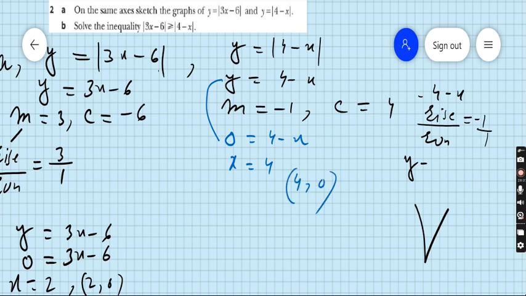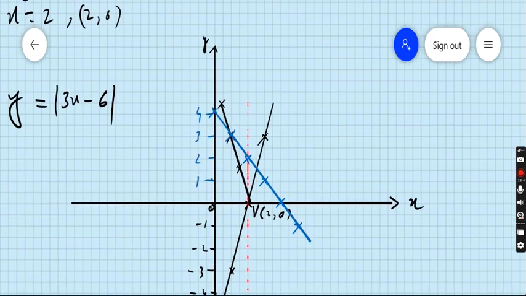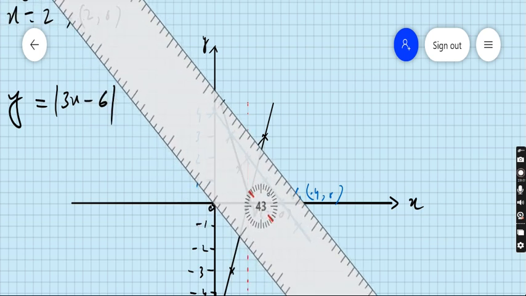This is our vertex. So 1, 2, 3, 4. This is our vertex. 4 comma 0. Draw a mirror line which passes through vertex 4, 0.